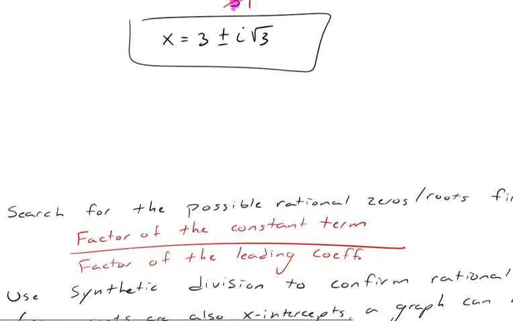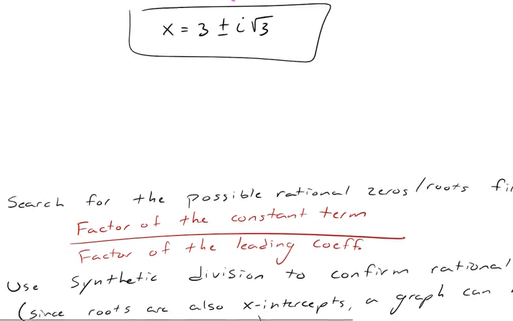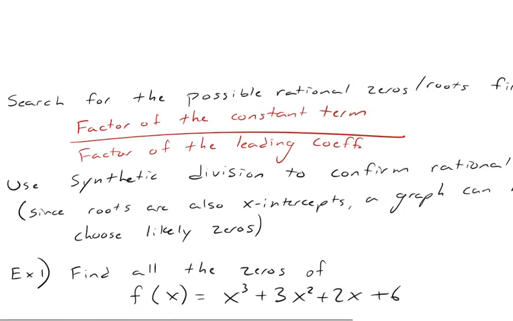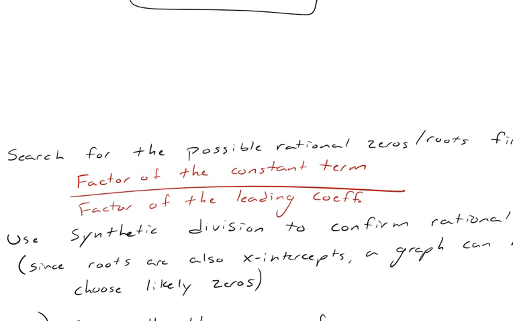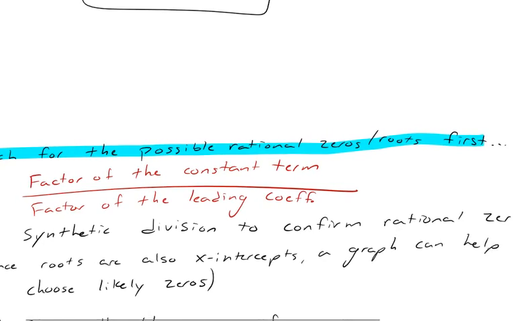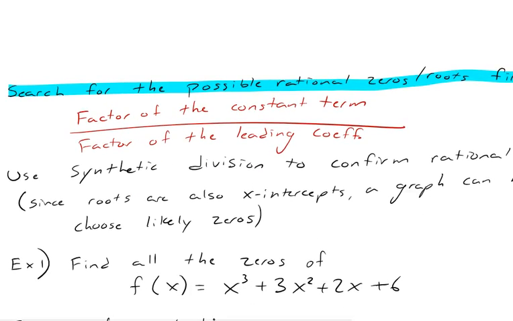Okay, now for the new stuff. We're going to solve these problems, but we're going to get something big, kind of like this one in example 1. And we can actually search for the possible rational roots first. That is done by doing this step here.